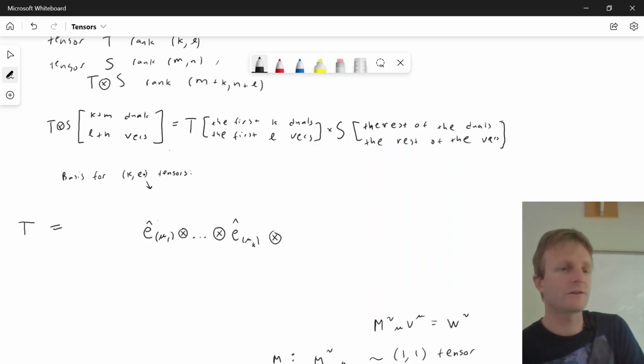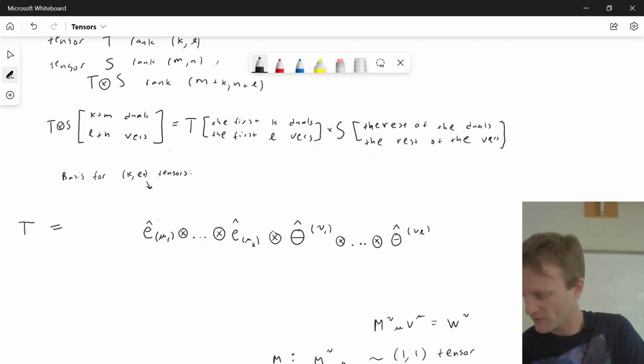These vectors can handle eating up the K one forms, right? A vector eats a one form and gives you a number. And then I need elements of my dual basis, theta hat nu 1 tensored in with up to theta hat nu L. So these can eat up the L vectors that were plugged in.